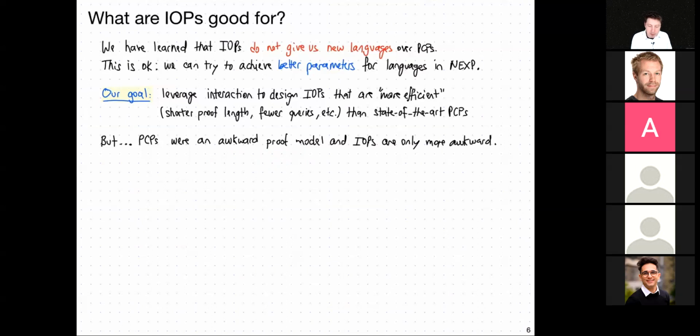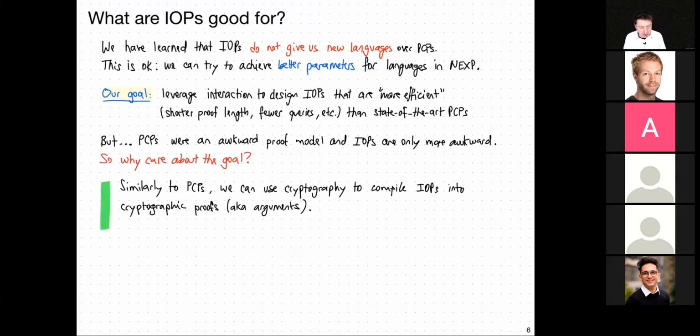So a priori, if we didn't really know how to deal with these weird models, the fact that we would try and construct IOPs that are more efficient than PCPs would potentially give us constructions that are, yes, more efficient, but they're in far more idealized models than we would be able to use in practice.